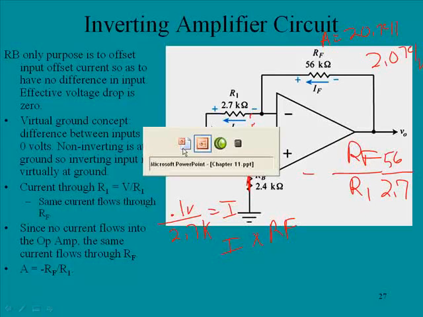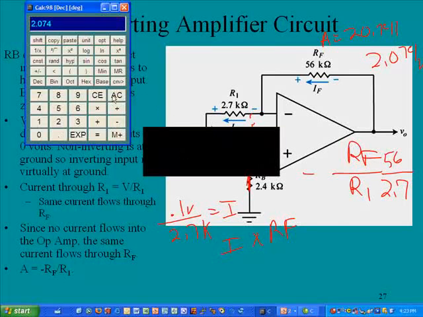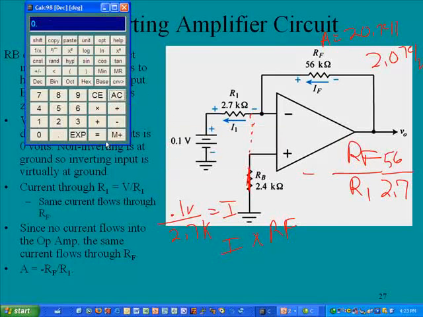Now if we did the Ohm's law calculation, we have 0.1 volts as our input, and we're dividing that by 2.7 times 10 to the 3, and that would yield this current.